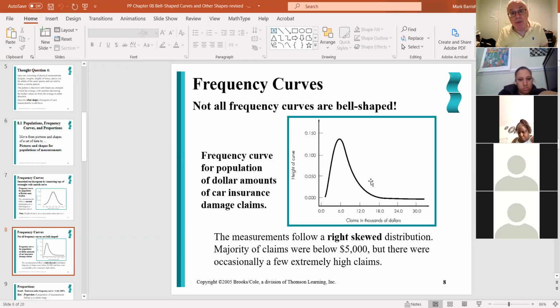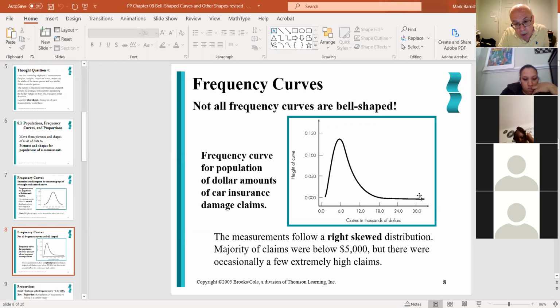But it says not all frequency curves are bell-shaped. This is a case of what I was talking about before, a skew to the right distribution, a right skew distribution. Notice most of the data is to the left. When we see the height here, it means there's a lot of data at these lower values, and then it tails off to the right, which means higher values, but they're less frequent.